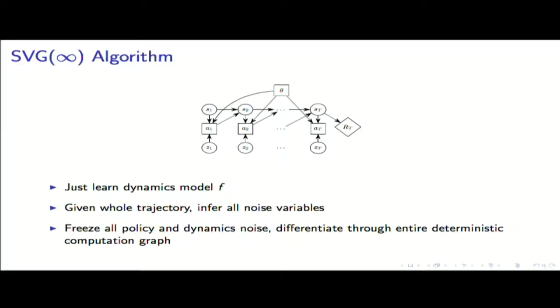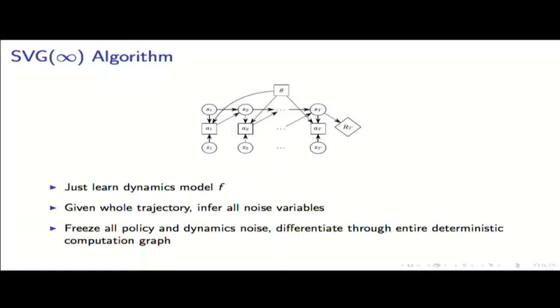So what we can do instead is differentiate through the entire deterministic computation graph. So we learned this dynamics model. Now we assume that the policy is a deterministic function and the dynamics model is also a deterministic function. So now we just have a nice big deterministic computation graph like an RNN, and we can just differentiate the loss function through the whole thing.